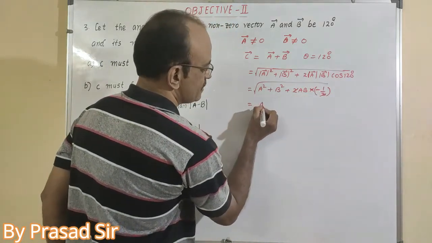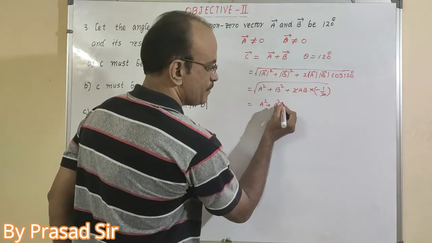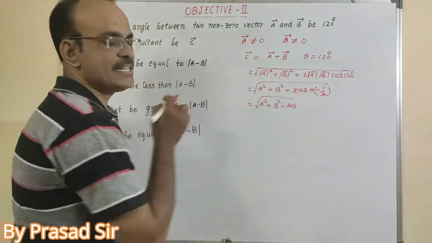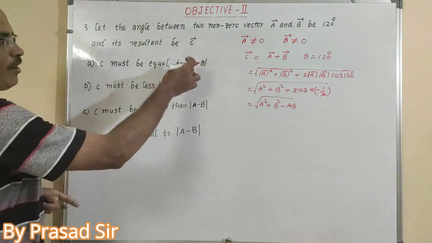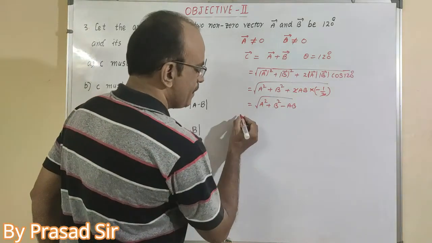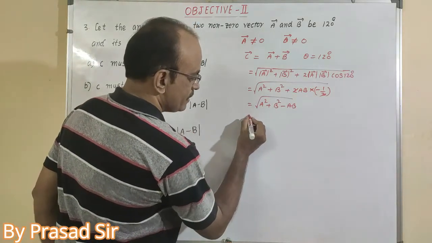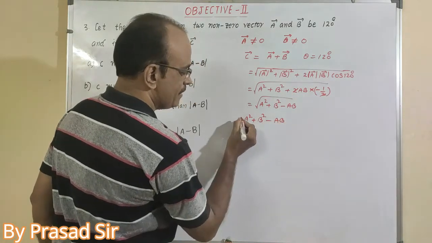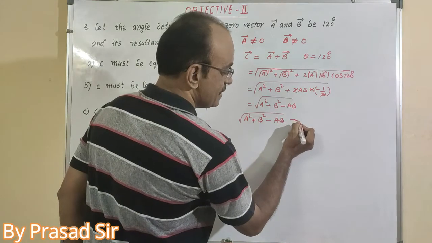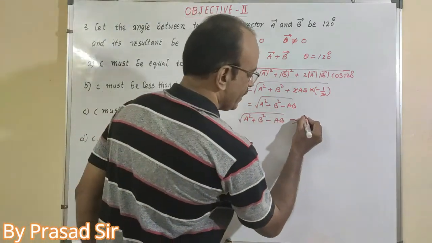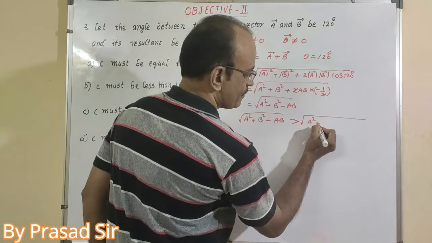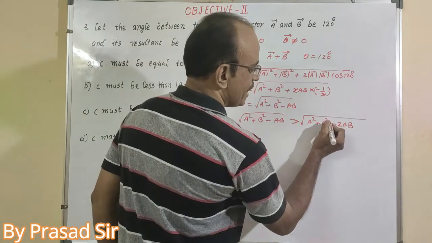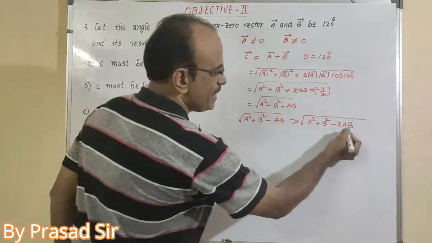So the remaining is A square plus B square minus AB. This is the C vector. But here all options are given with A minus B. So remember, square root of A square plus B square minus AB is compared with square root of A square plus B square minus 2AB. Observe here minus AB, here minus 2AB.